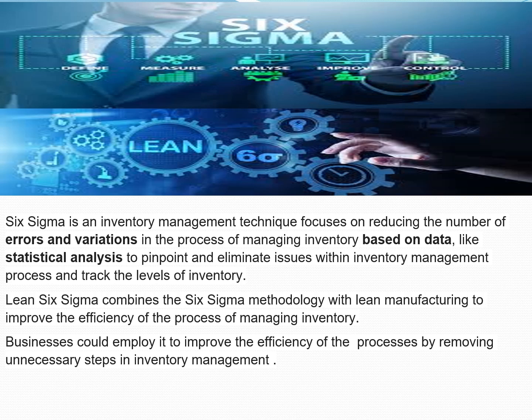Businesses could make use of it to better manage and track the levels of inventory, whereas Lean Six Sigma combines the Six Sigma methodology with lean manufacturing to improve the efficiency of the process of managing inventory. Businesses could apply it to improve the efficiency of processes by removing unnecessary steps in inventory management.